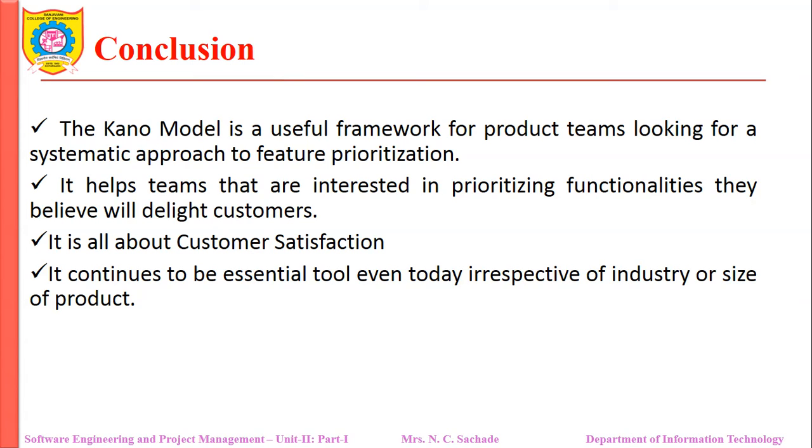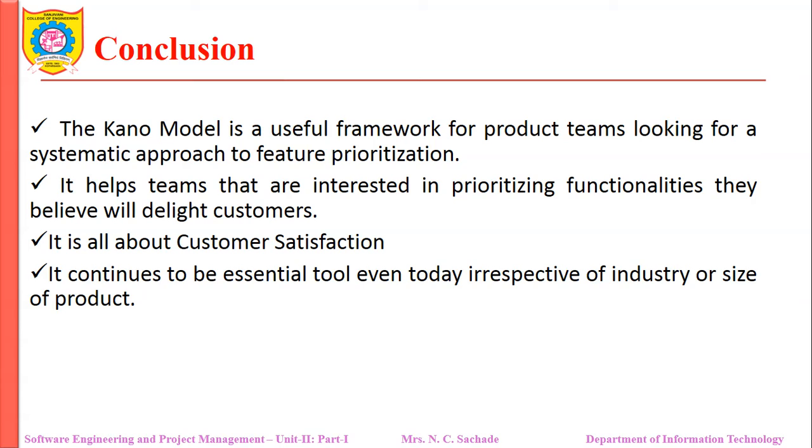Now, to conclude, I would say the Kano model is a useful framework for product teams looking for a systematic approach to feature prioritization. It helps teams that are interested in prioritizing functionalities they believe will delight the customers. And it is all about customer satisfaction.